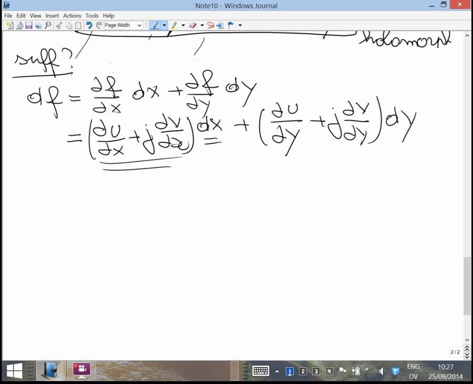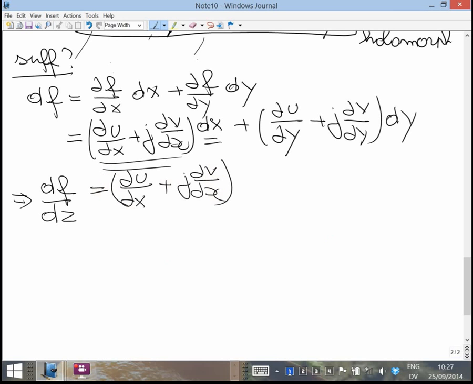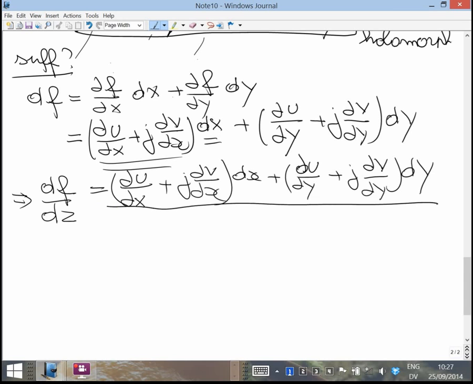So this is df. What we're interested in is df over dz. So we just copy and paste this and divide by dz. So du dx plus j dv dx, dx, plus partial derivative u dy plus j dv dy, and we divide everything by dz, which is of course dx plus j dy.